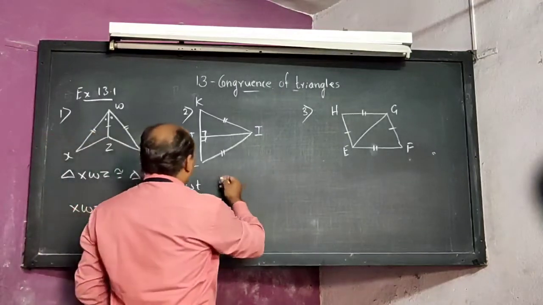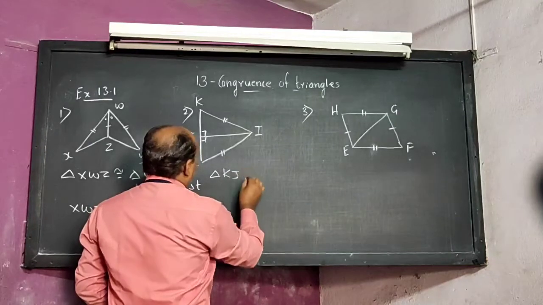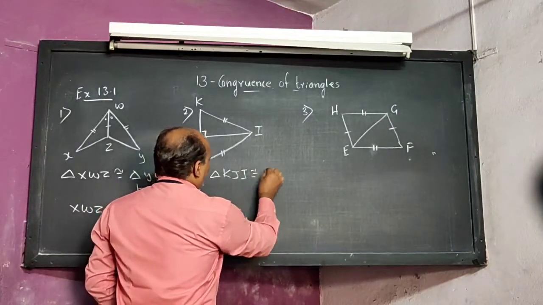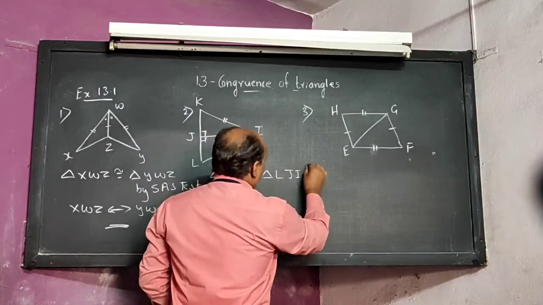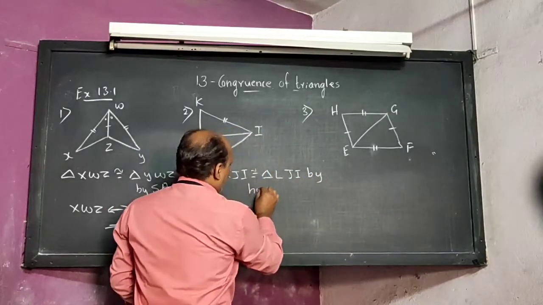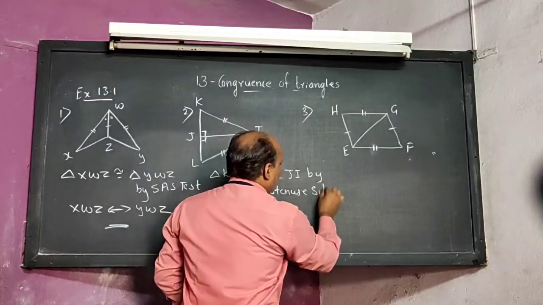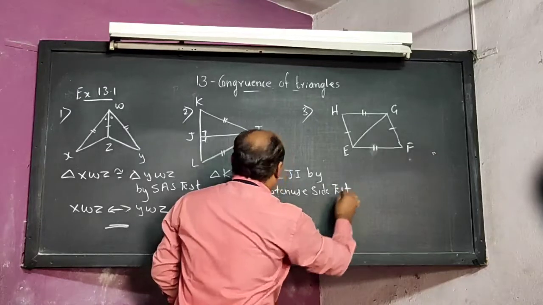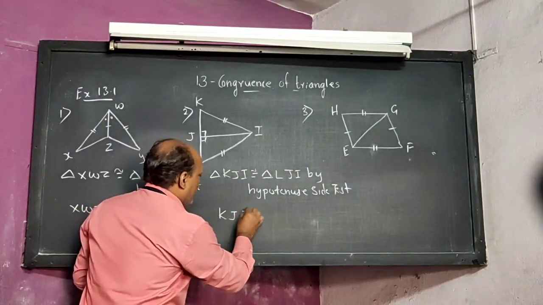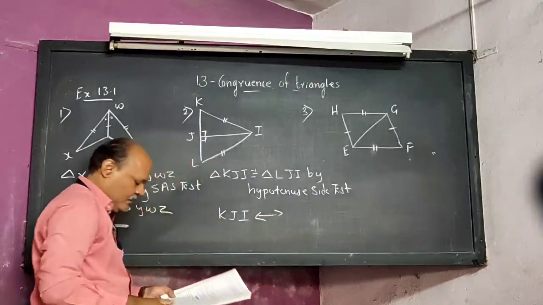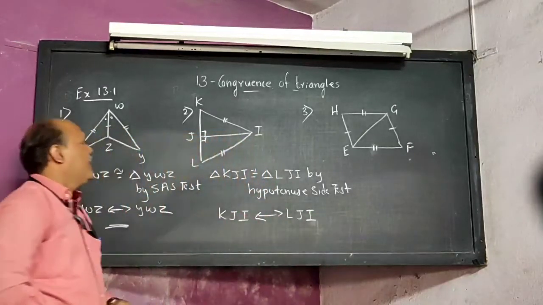That means triangle AJI is congruent to triangle LJI by the hypotenuse side test. And the one-to-one correspondence between the vertices is AJI one-to-one corresponds to LJI. I hope all of you understood the second one.